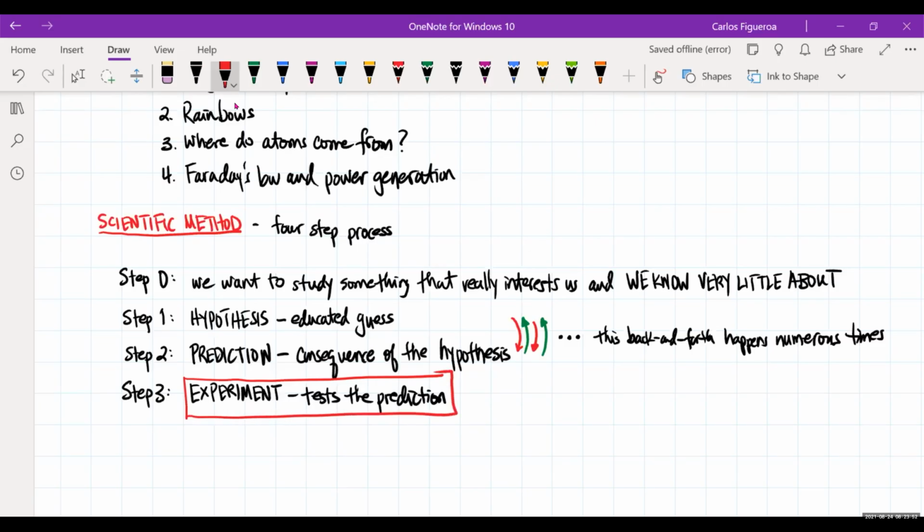Science is not a very clean process. It's a very messy process. There's a lot of educated guesses and stuff like that.